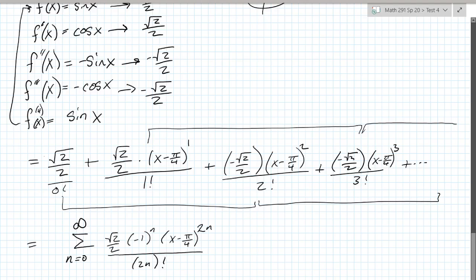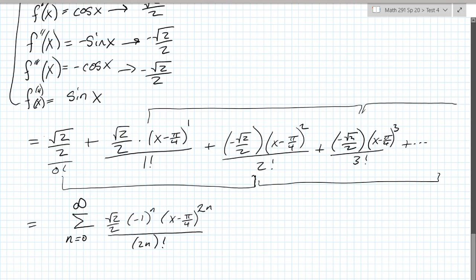Negative 1 to the 0 is positive. Then we have no x terms for that very first term. So when I have it to the 0, that works. And then 0 factorial in the denominator. That works. For our next term, that's the squared term, does this work out?